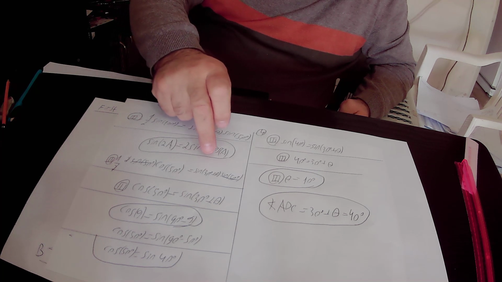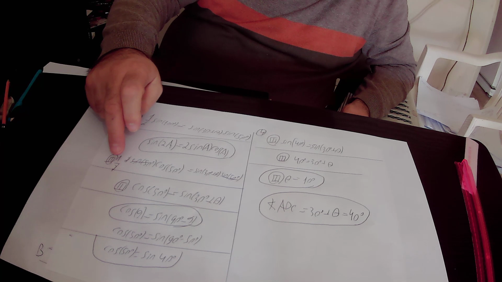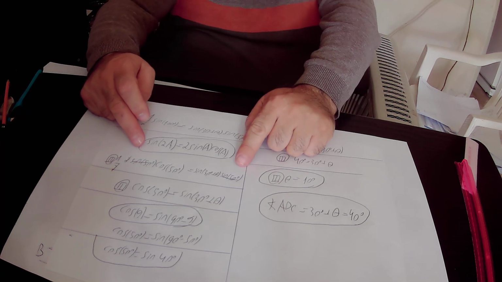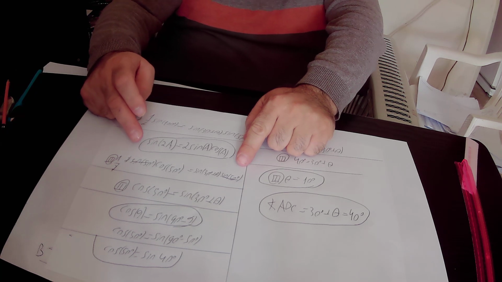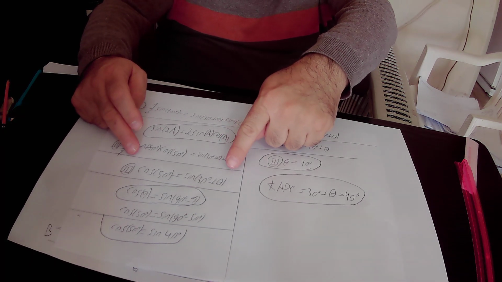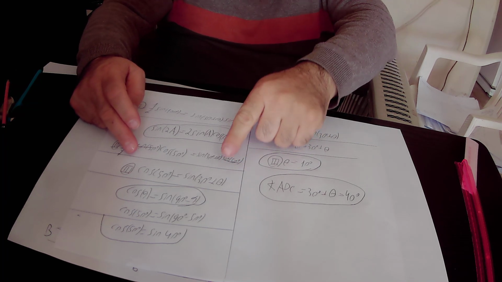That equals sine (30 degrees plus theta) times sine 50 degrees. Here 2 over 2 is 1. And we have sine 50 degrees on both sides of equation number 3, so sine 50 degrees gets cancelled. We are left only with cosine 50 degrees, which equals sine (30 degrees plus theta).